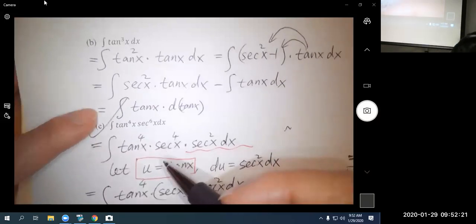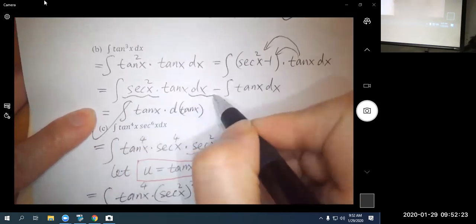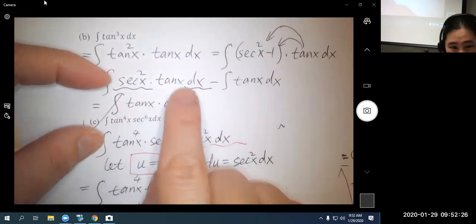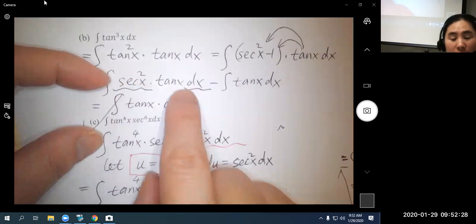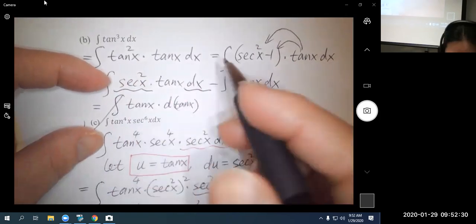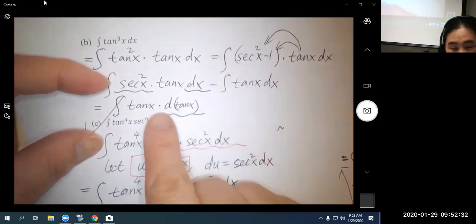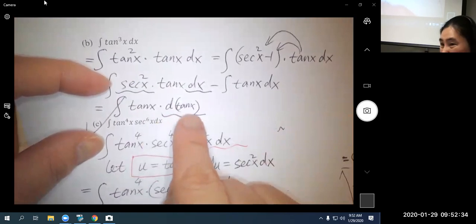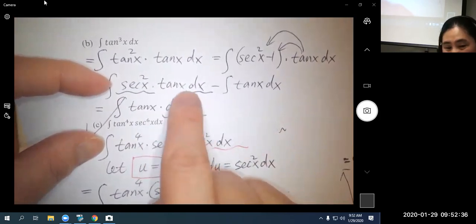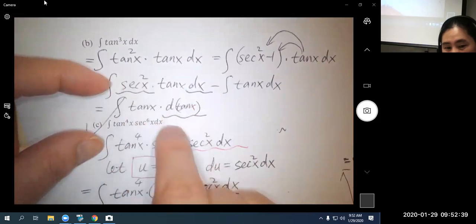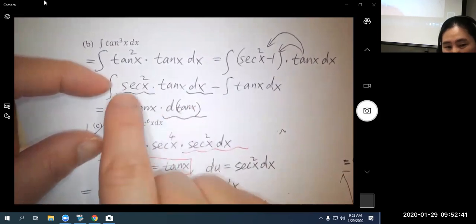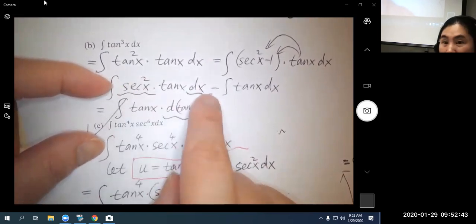I'll just highlight here, okay? Secant x squared dx is equivalent to d of tangent x, because the derivative of tangent of x is secant x squared. So the derivative of tangent x equals secant x squared times dx.